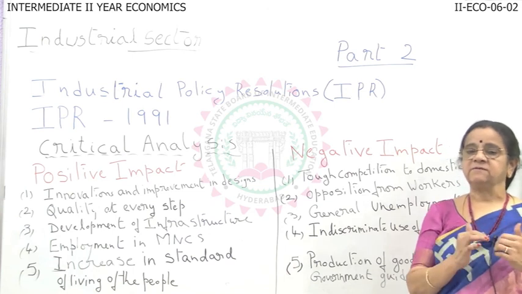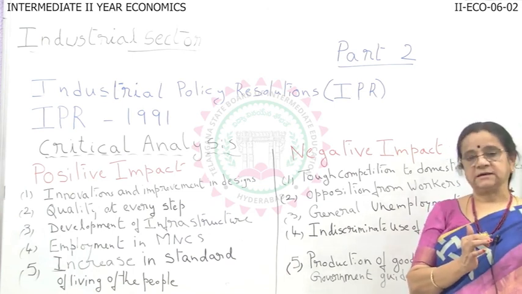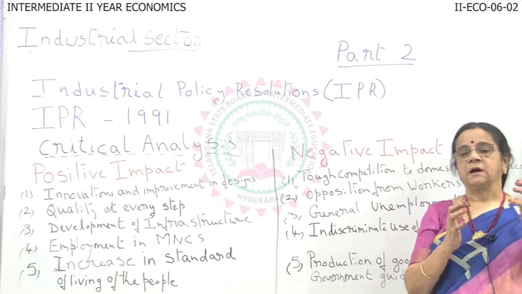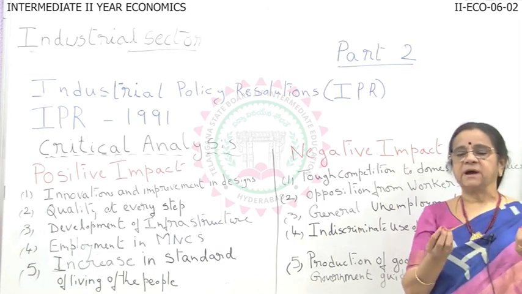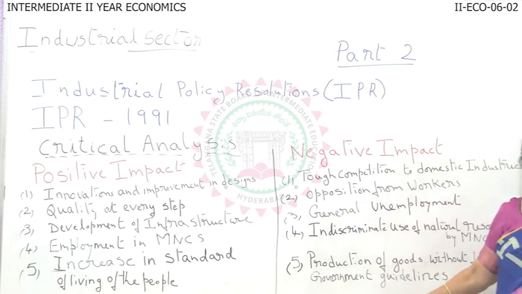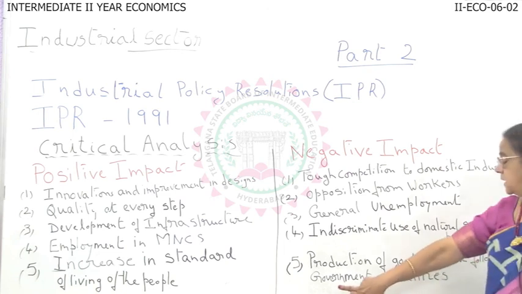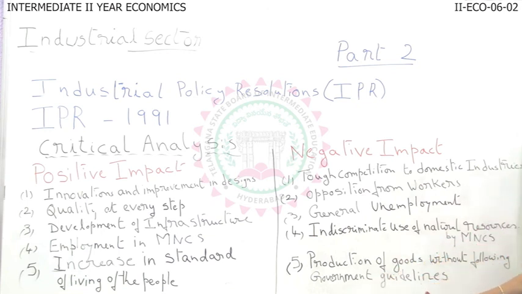The goods which are required by the rich, like luxury goods, are produced, which was not expected by the government. That means they are going for production without following government guidelines.